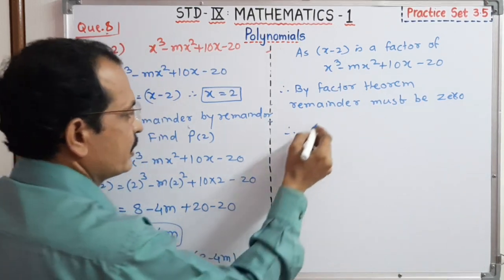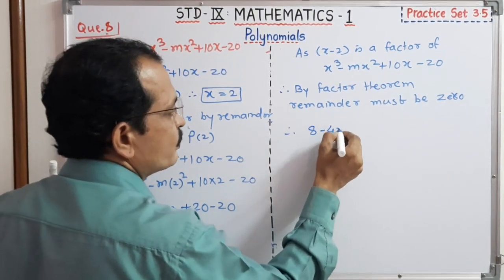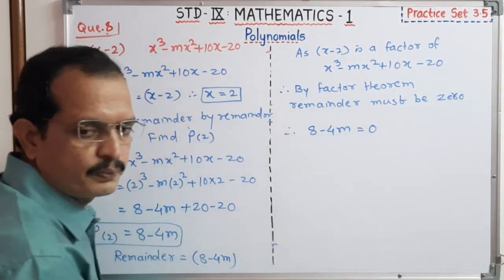Therefore this remainder, that is 8 minus 4m, is equal to 0.